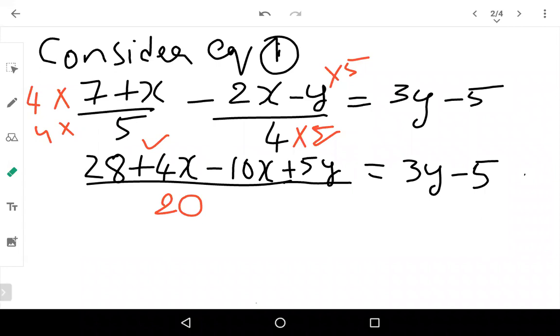Now, next step. You're supposed to take 20 onto the other side. If you take 20 to the other side, it is division, so what will it become?